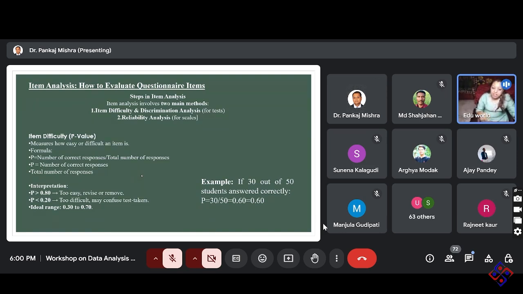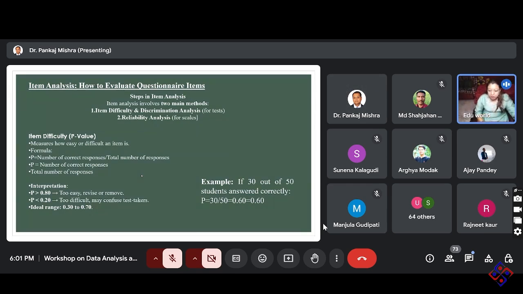Like if you have mathematics anxiety, and you want to see whether the anxiety level is high or low in the psychology portion, in that case you can apply this item difficulty part.